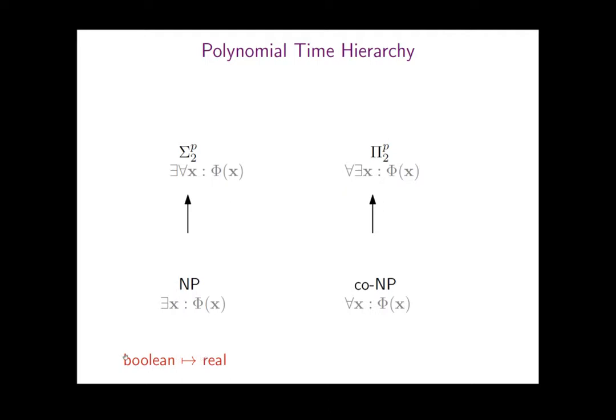Now what I want to do is replace Boolean variables by real variables, and this gives me new complexity classes. We've already seen that for NP, if we replace Boolean variables by real variables, we get the complexity class existential R. For co-NP we would get for-all R, universal R, and higher in the hierarchy we would get universal existential R, existential universal R.